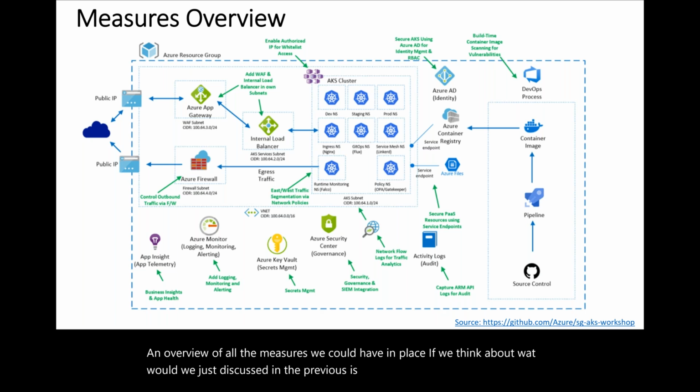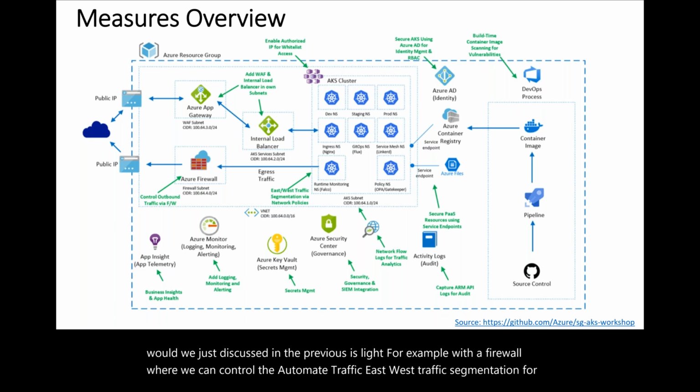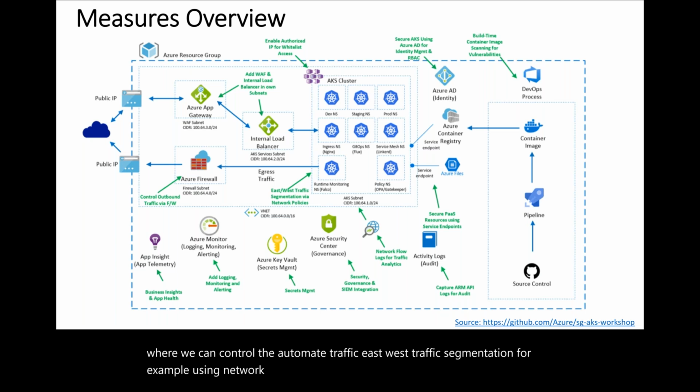For example, a firewall where we can control the outbound traffic, east and west traffic segmentation, for example using network policies or service mesh, and encryption between pods.